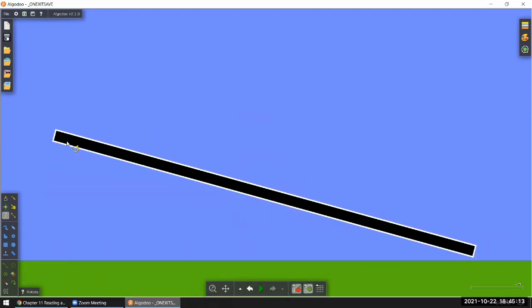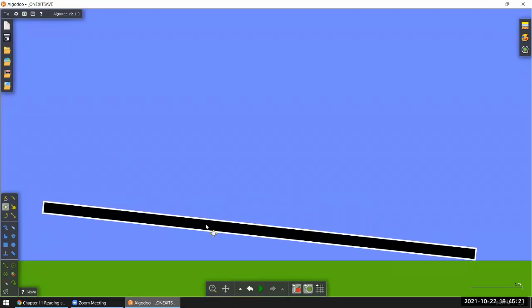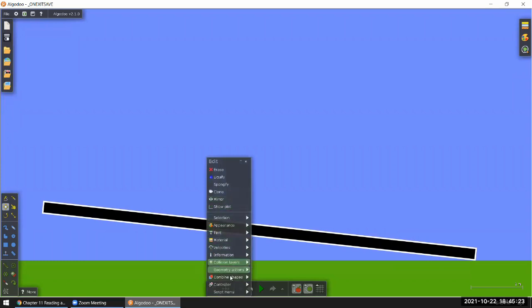It would look something like this. I'm actually going to glue this to the ground so that it doesn't move when the simulation runs. Since this is a simulation, I think I can illustrate the idea of rolling without slipping better this way.